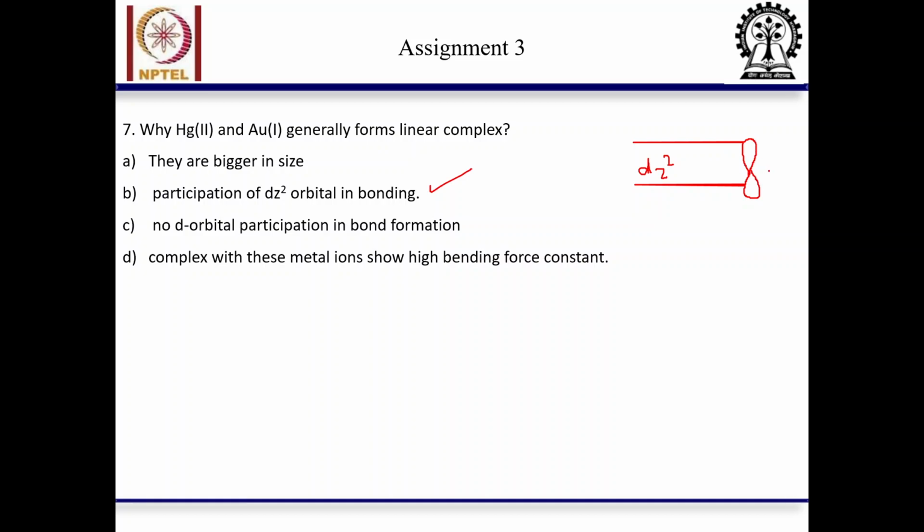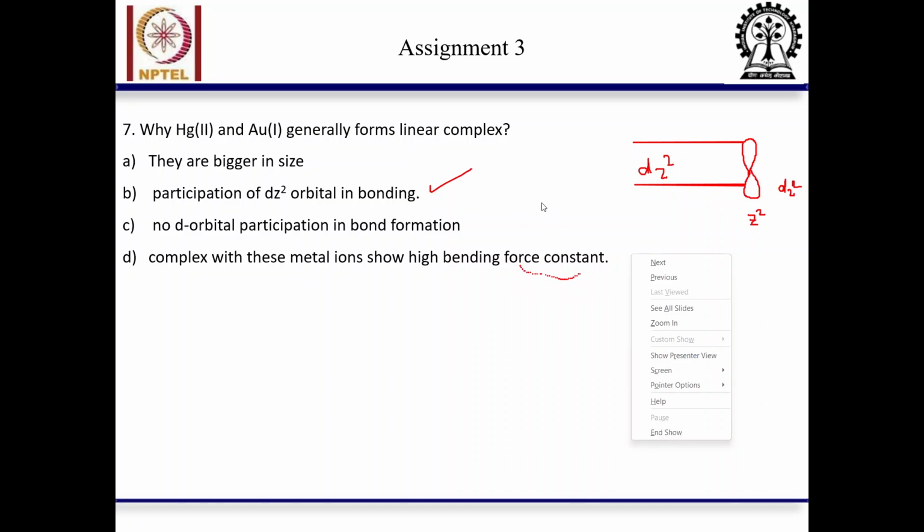So this is along the z direction, right? This is the only orbital which is linear, the dz square orbital. That's why Hg2+ and Au+ basically have the dz2 orbital free, so that only can participate in the bonding.